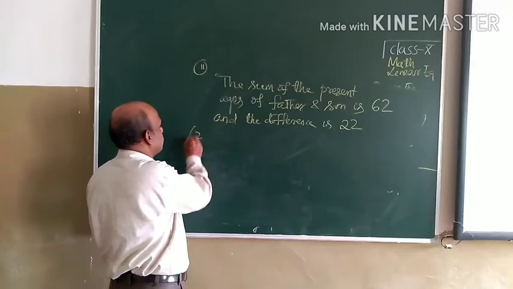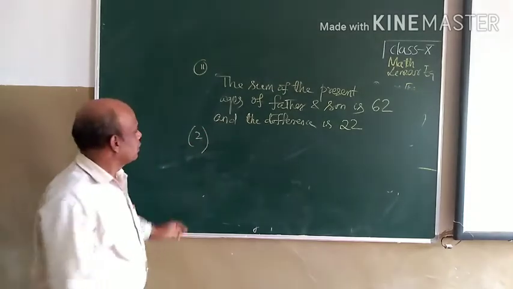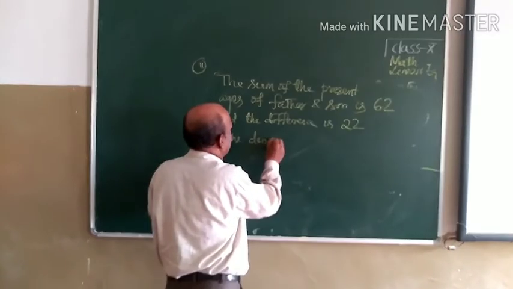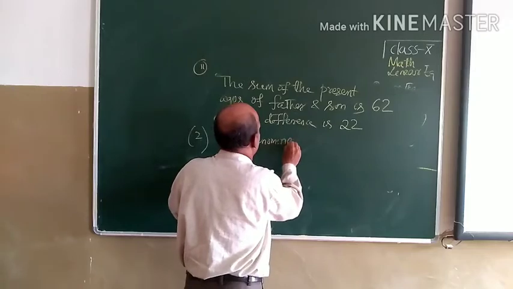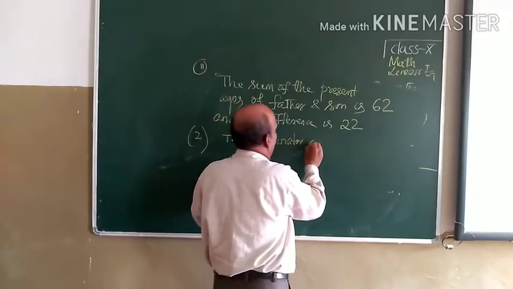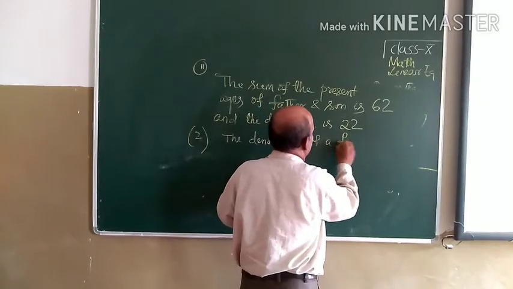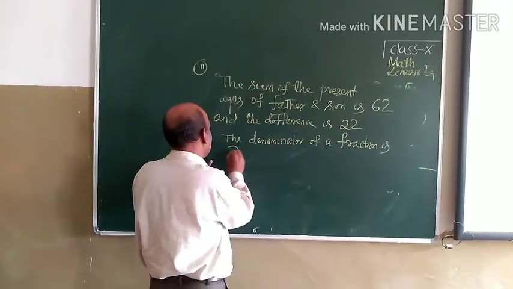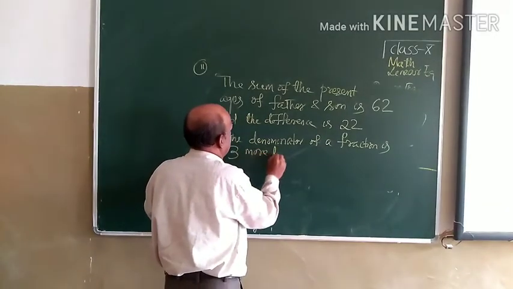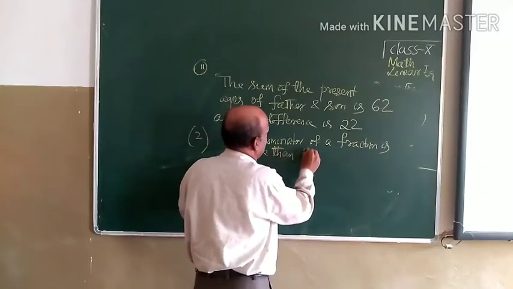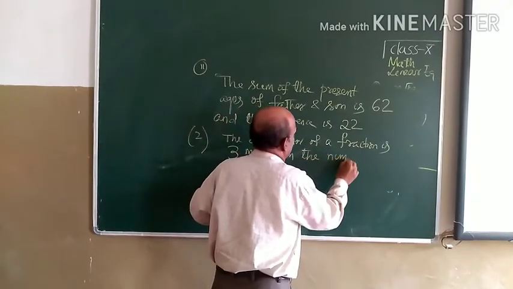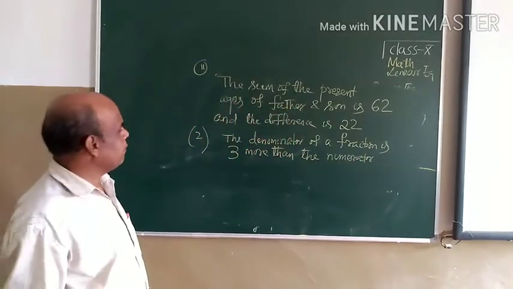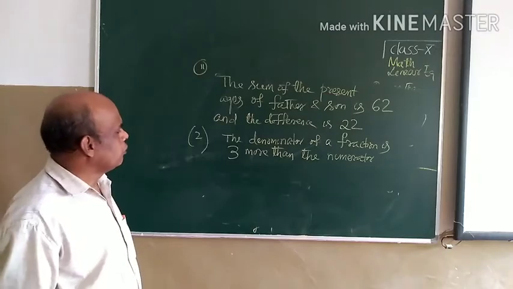Question number 2. The denominator of a fraction is 3 more than the numerator.